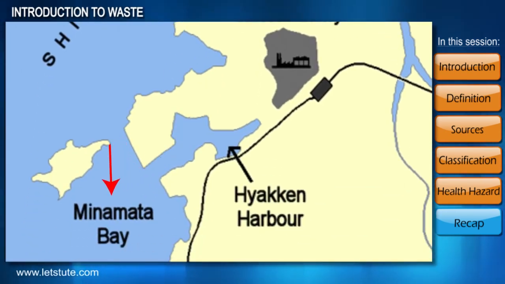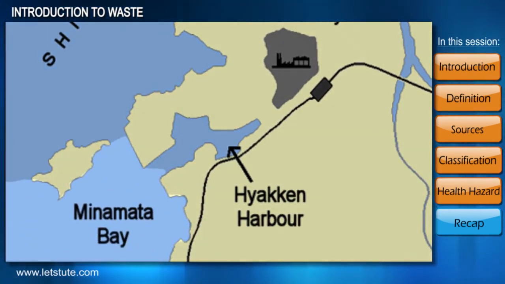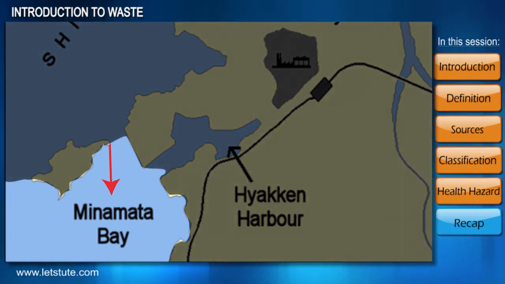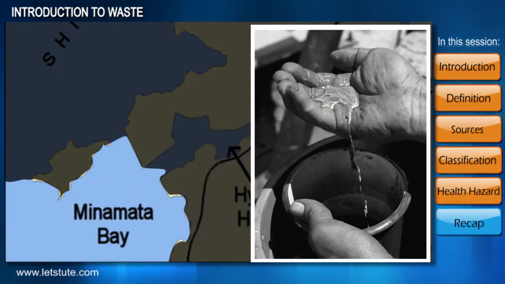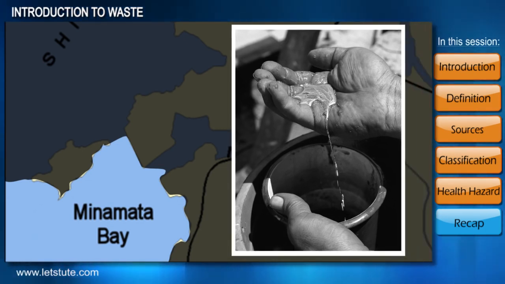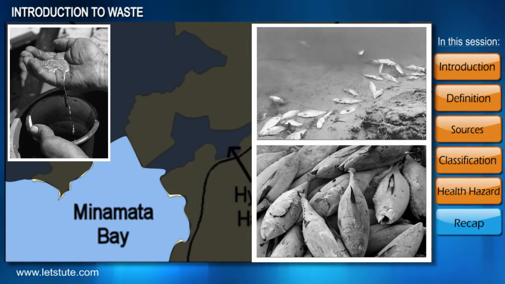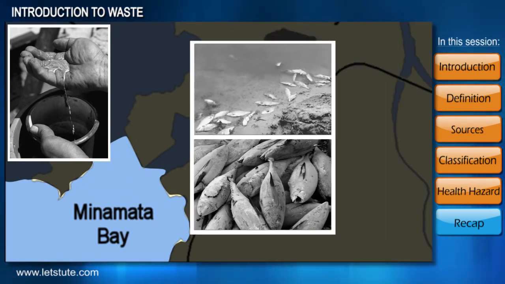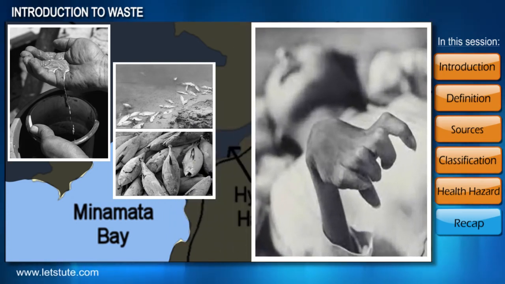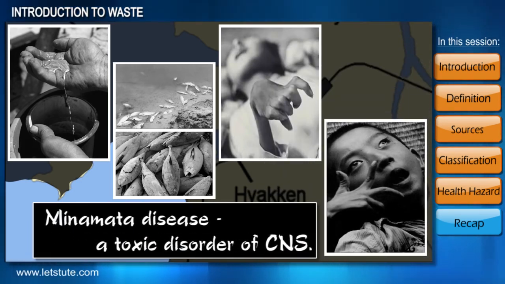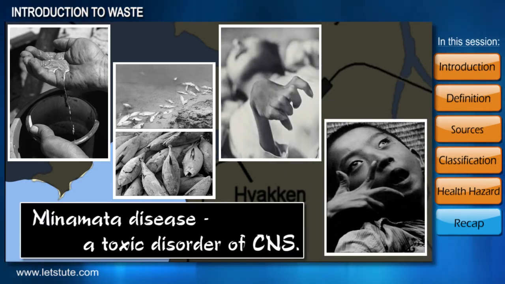The Minamata Bay present in that city was highly polluted with the wastewater released from the fertilizer plant, which contained excessive amounts of mercury. The highly toxic compound bioaccumulated in fish and shellfish in the bay, which were eaten by the people living around the bay, which gave rise to Minamata disease. It is a toxic disorder of the central nervous system.